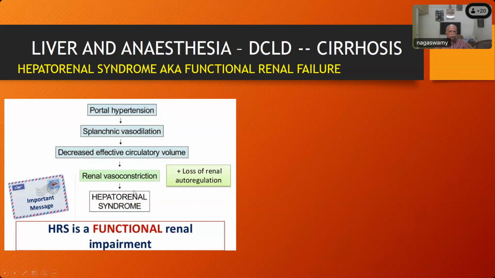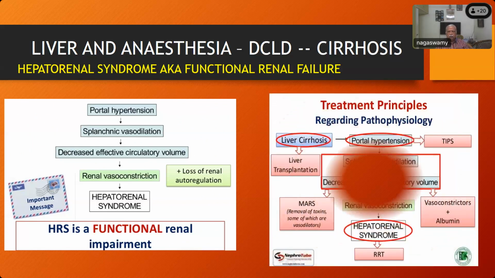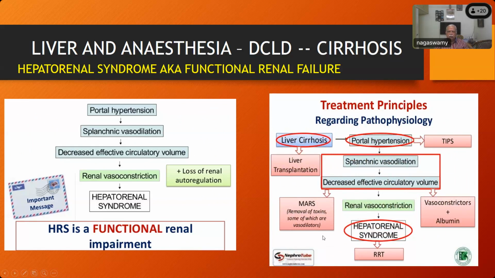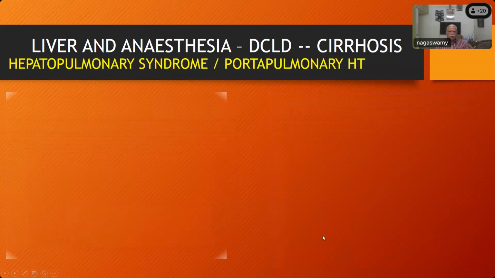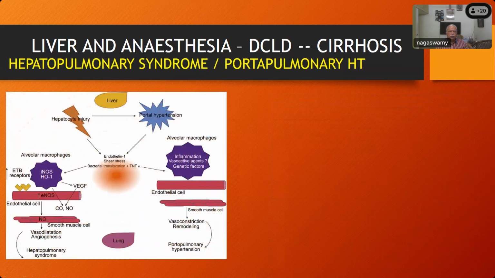This is the pathophysiology of HRS, and HRS is graded into type 1 and type 2. And what is the treatment? That also is another important thing that they can ask you about: the vasoconstrictors, albumin, mass, removal of toxins. All these things are all part of treatment of this HRS.